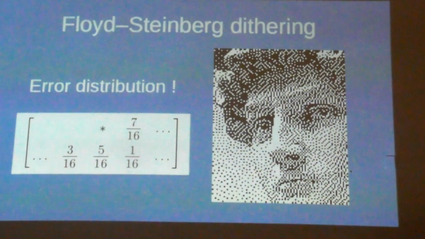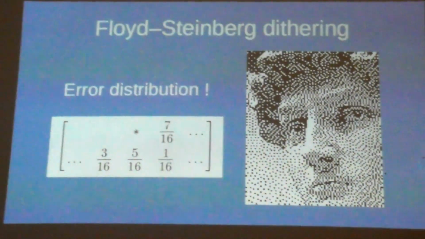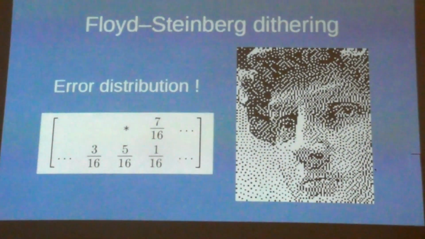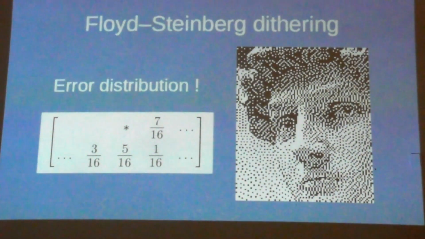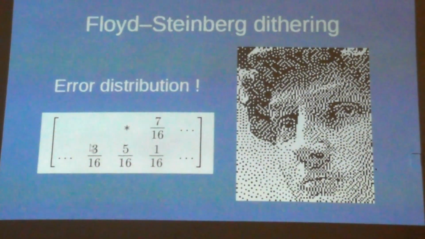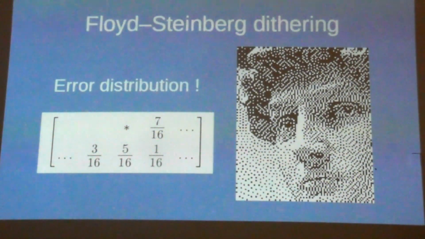So if you want to make 50% gray and you have only used black pixels so far, it will gradually increase the error, and at some point the algorithm will say there is too much gray and the error is big enough, so we can put one white pixel there to make it better. Basically, it estimates in every position whether it is better to have a black pixel or a white pixel. That's also why this method is called error distribution, because it computes the error and tries to fix it.